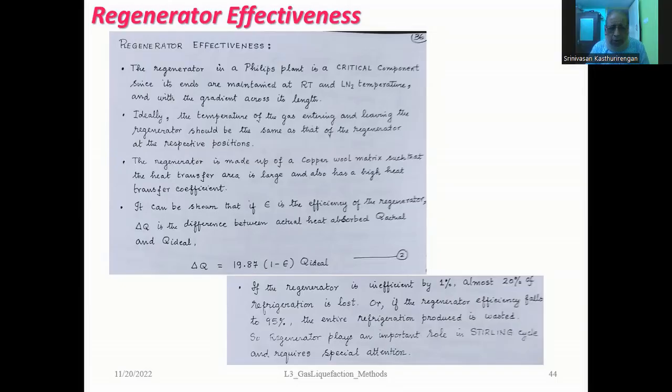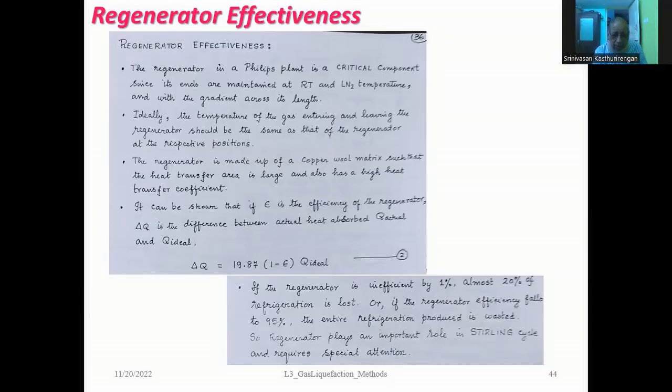But what is noticed is that if the efficiency of the regenerator is 1% low, it affects the performance of the system and you lose approximately 20% of refrigeration in the process. For 1% loss in efficiency, 20% of refrigeration is lost.